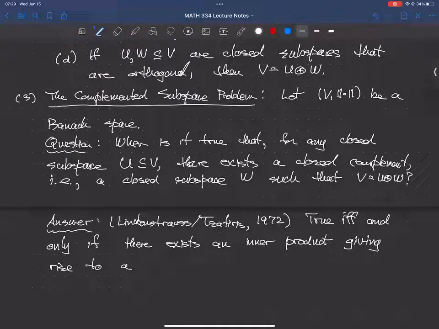So in other words, the inner product makes this vector space into a Hilbert space. And the topologies defined by the two norms agree.